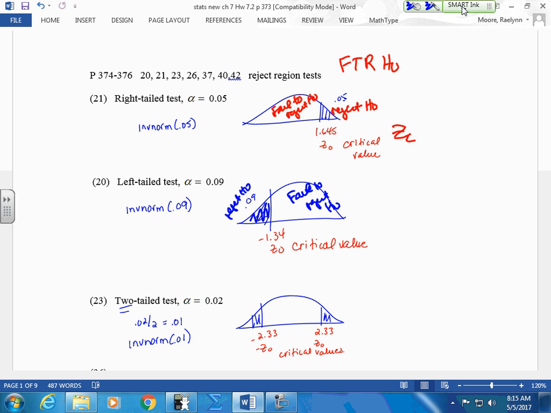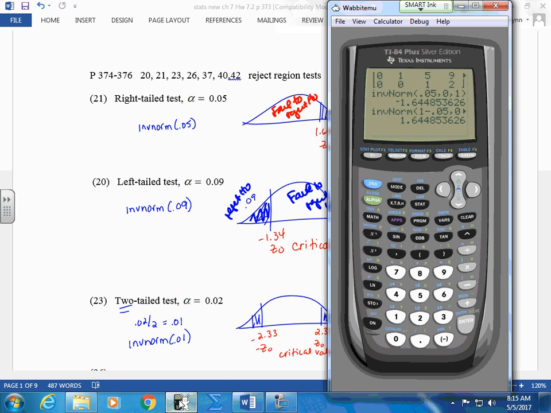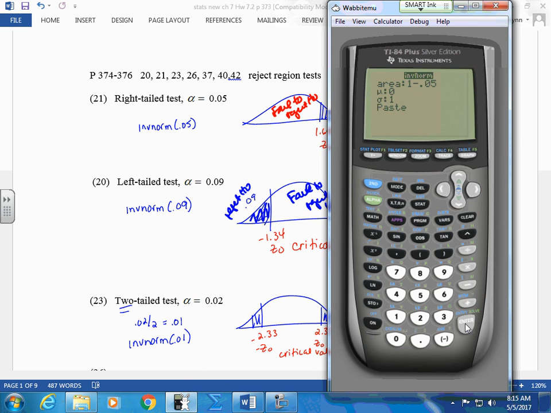That's the hardest question. Two-tailed test, remember, you have two tails to share. So when you do inverse norm, just say to yourself, what do I divide by? I divide by 2 parts. I have 2 things in here, so I'm 0.01 divided by 2. Let the calculator take care of this. And then there's your 2 pieces. It was 0.02, sorry, I put in 0.01.